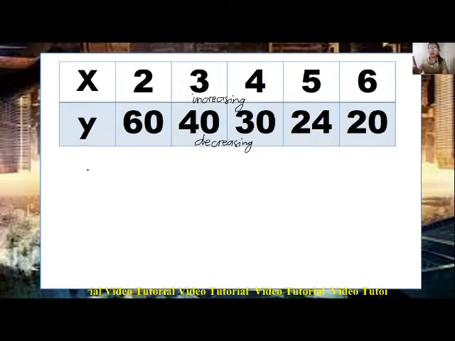But for us to verify or be sure that this is an inverse variation, we must find the constant product. In finding the constant product, we just multiply the first set of x and y.